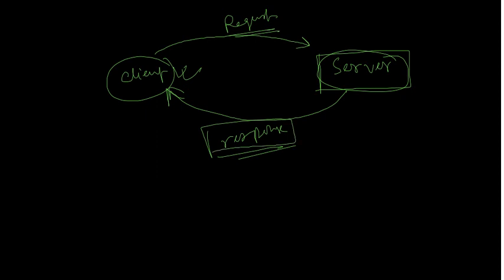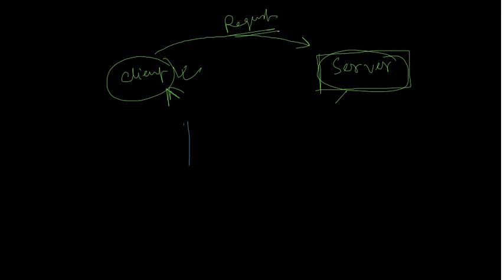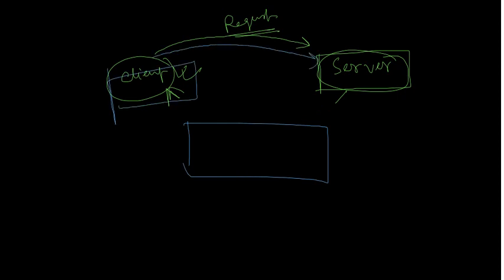Suppose that before sending the response, the server processed the request, but then the server crashed. So the client did not get any response from the server. It is just hanging. The server crashed and hung, so the client is confused whether the request it sent was processed or not.